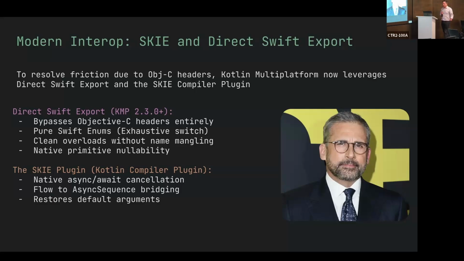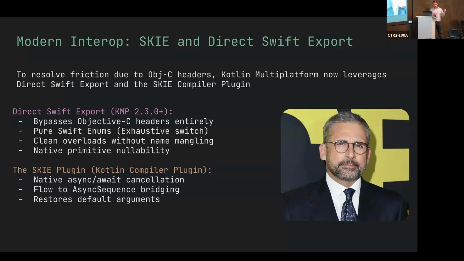So in Kotlin 2.3 and above, we can get away from the Objective-C headers entirely. We have direct Swift export, so it solves a lot of problems, but it doesn't solve everything. We get our enums back, we get our clean overloads, we get a lot of the things where Kotlin and Swift have similar language features and constructs. So those things come back to us, which is really wonderful.